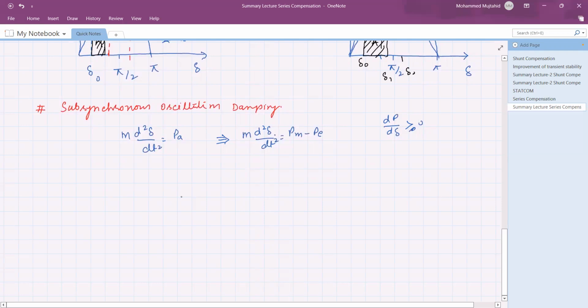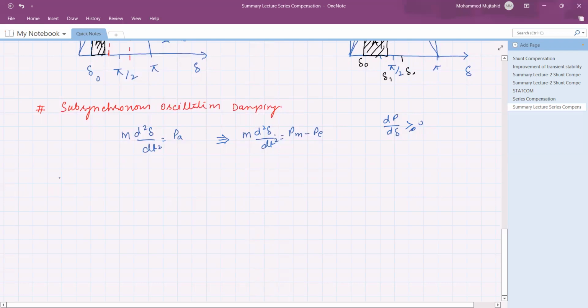So this can be avoided, or we can damp out the unwanted oscillation with the help of series compensation. So this is the concept of series compensation, as well as its advantage.